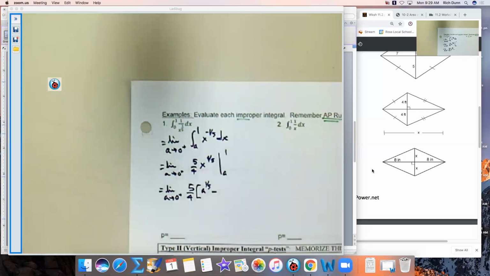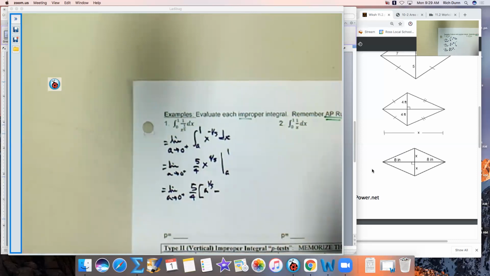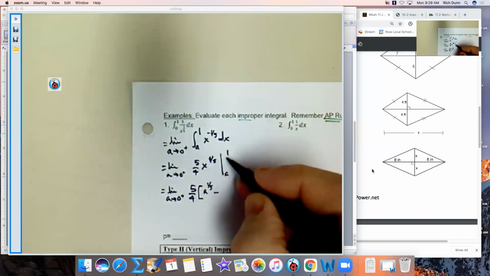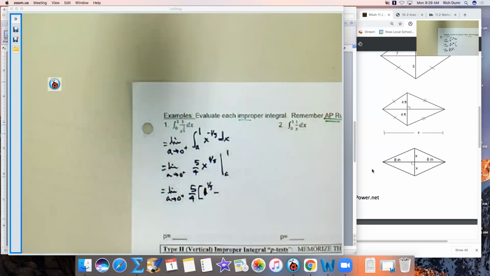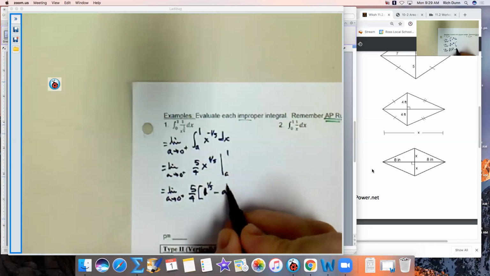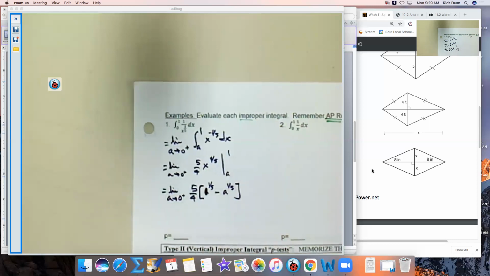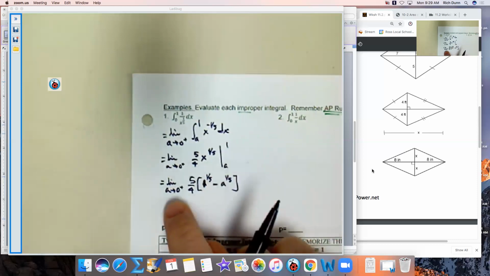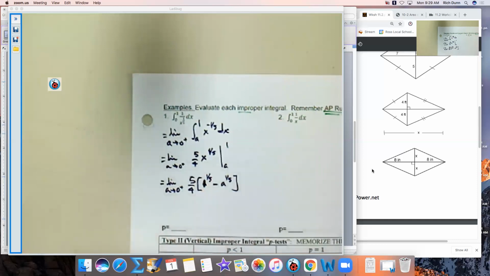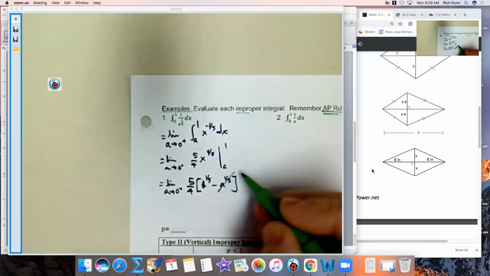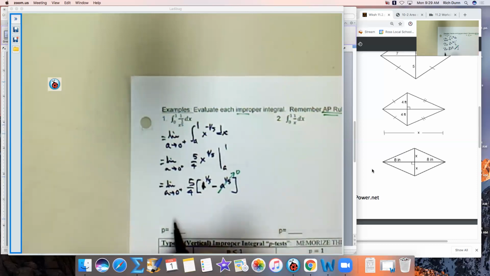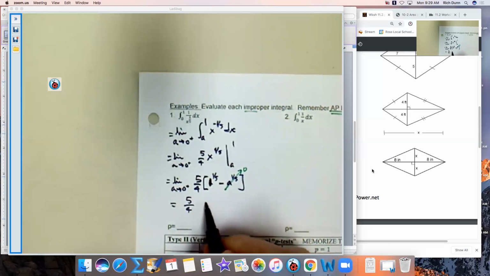Sorry about that. I need to evaluate this at 1 to the 1/5 power minus a to the 1/5 power. Of course, 1 to the 1/5 is going to go to 1, but as a goes to 0, a to the 1/5 will be 0, and we'll have 1 times 5/4, or 5/4. This one converges.